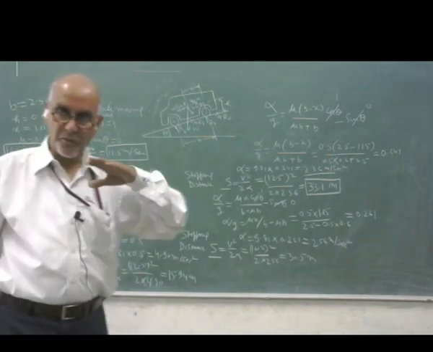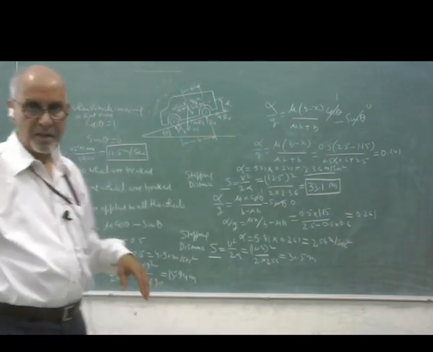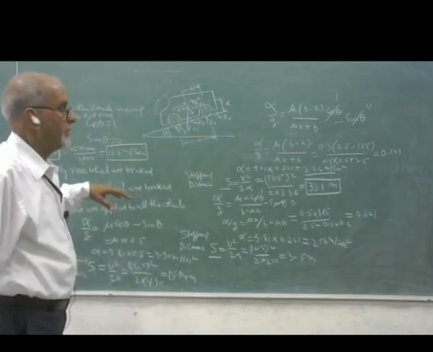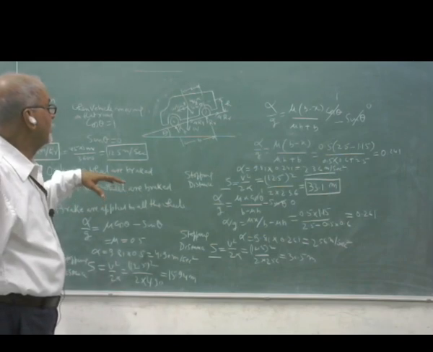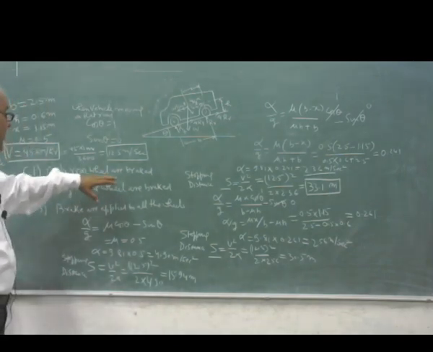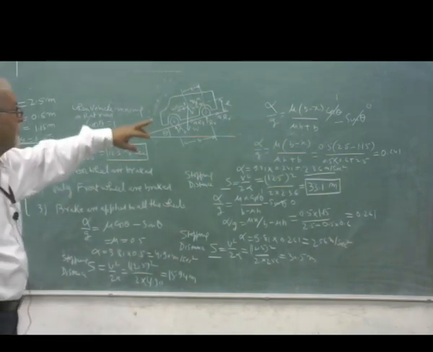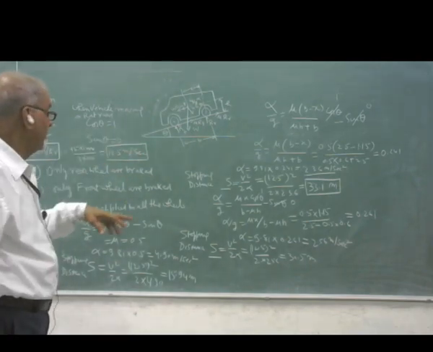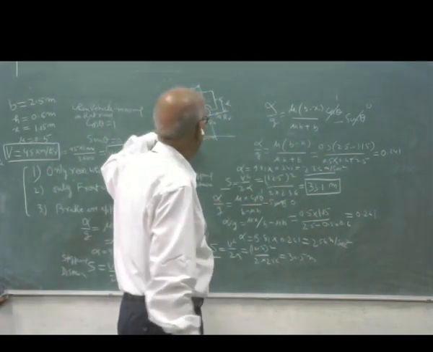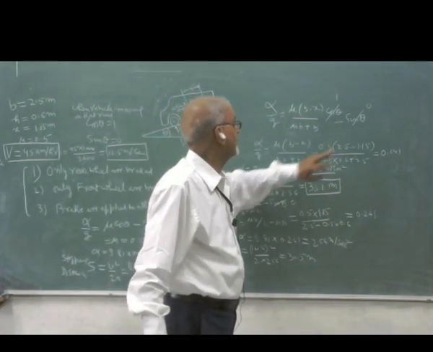So you can see that all the three cases have been dealt over here. When the vehicle is moving on the flat road, what happens? First one, only rear wheels are braked. When the rear wheels are braked, alpha by g is equal to this much, because theta is 0, cos theta 1, sin theta 0.